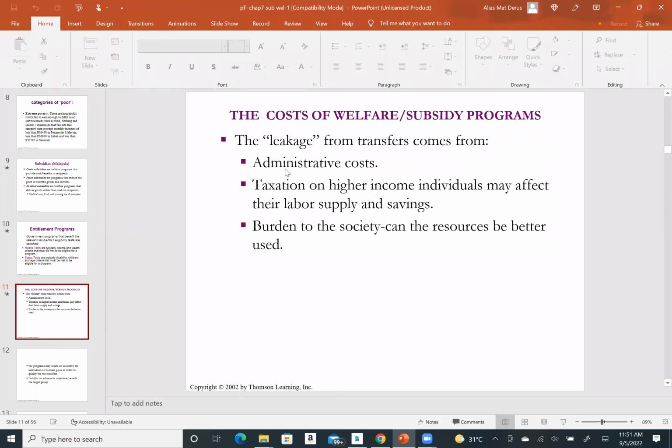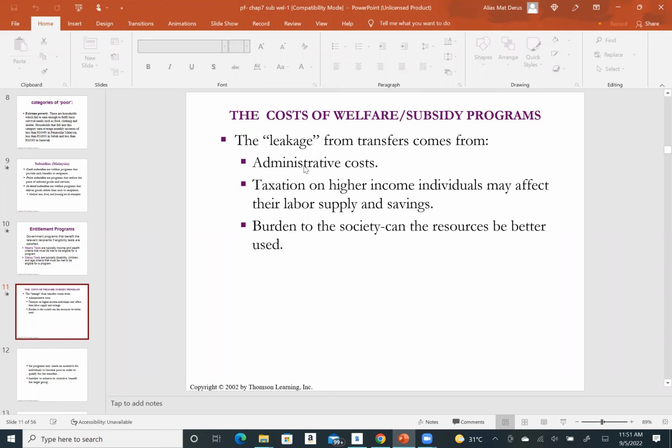Number two, administrative cost. To administer the subsidy requires cost. That is what you call the leakage in terms of administration. For example, let's say 10 million is allocated for the fertilizer subsidy. In order to do that, like I said earlier, maybe you have to have an agency.